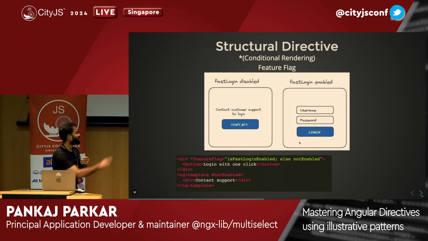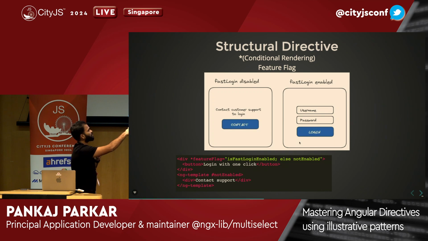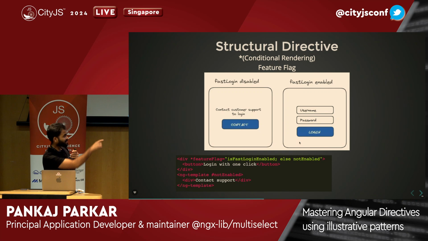The star feature flag is the directive that Angular uses. It is an attribute, and you pass a condition. If the condition is satisfied, it shows the login screen, otherwise it has another template at the bottom, an ng template, and it shows that template. Simple.